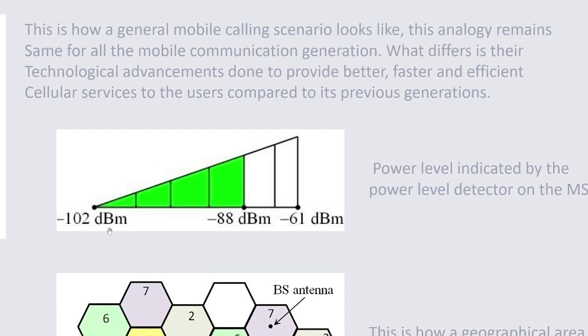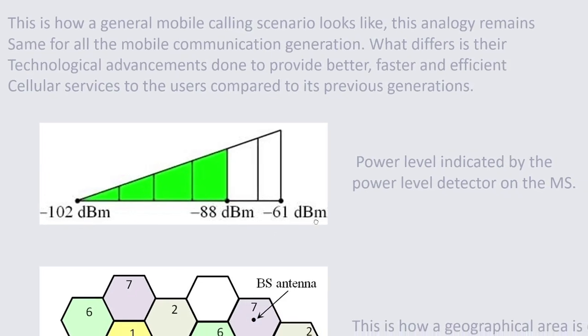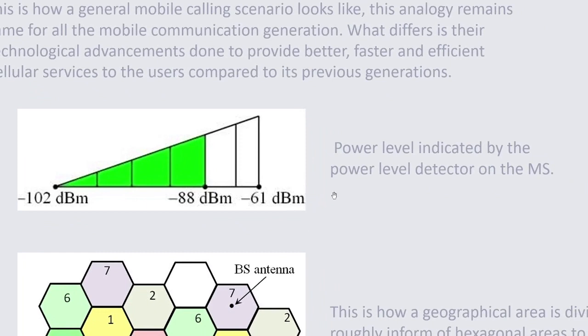For minus 102 dBm, you can find formulas to convert dBm to a normal unit of watts, to an actual power value. I think it will be in the range of 10 power minus 14, whereas minus 88 dBm is in the range of 10 power minus 12, that is picowatts, and minus 61 is in nanowatts, around 10 power minus 9 or minus 10.